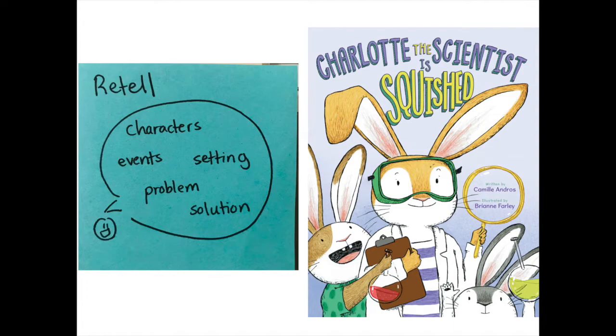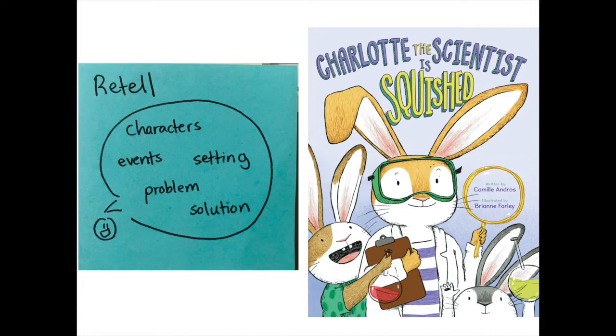Now let's think a little bit deeply as to what the real problem, what the real conflict of the story was. Because yes, I'm pretty sure not just you, but I also made the same inference that the main problem in the story at the beginning was going to be that Charlotte was squished, that she didn't have enough space.